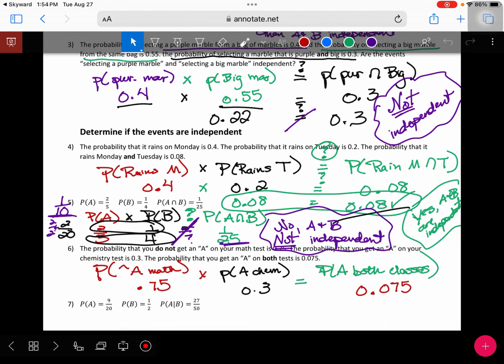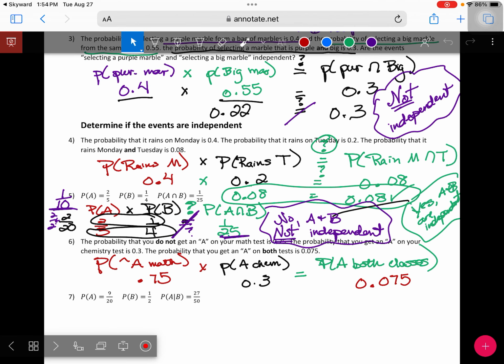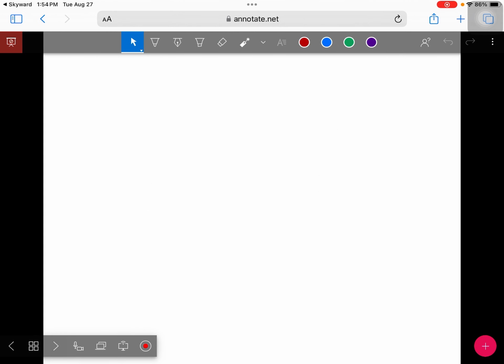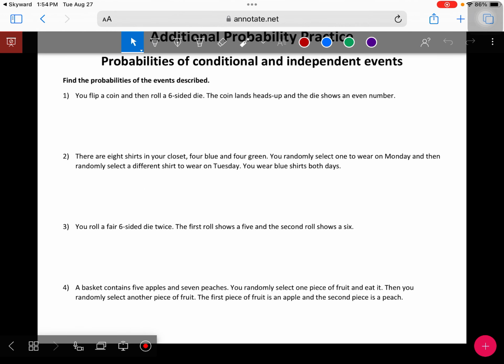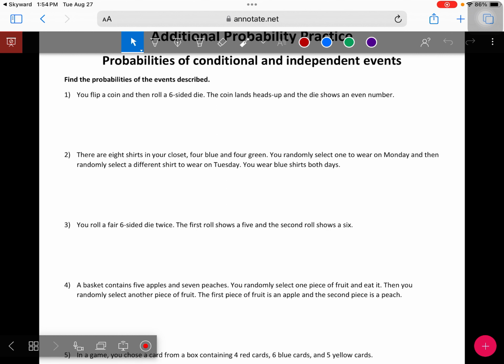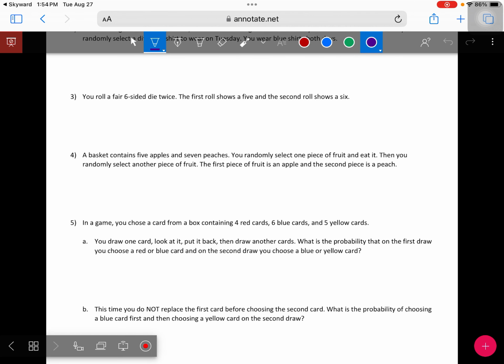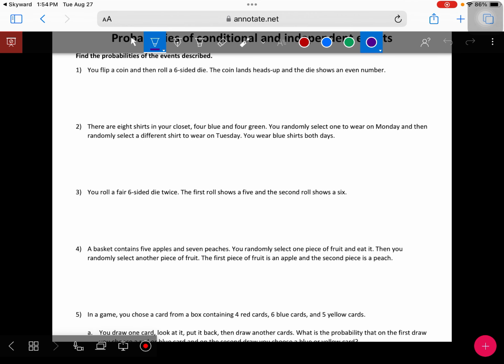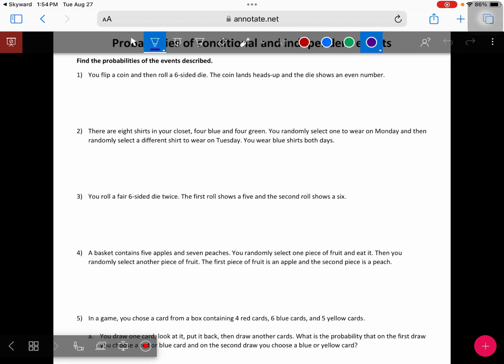Yes, it does. So look online, copy those notes, okay? All right, now let's get to this page. Probabilities of conditional and independent events. We have 5 problems, and then we're going to call it a day.